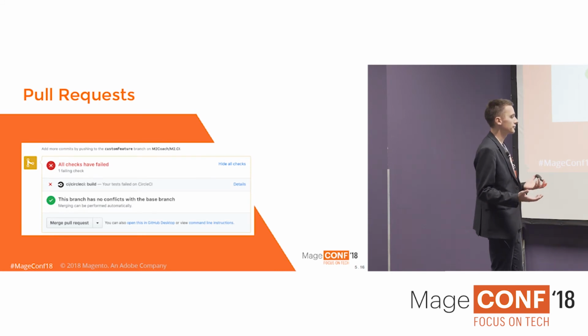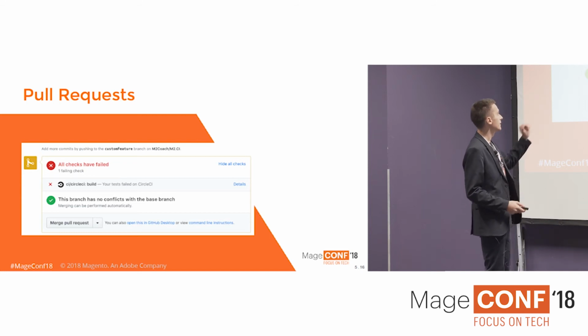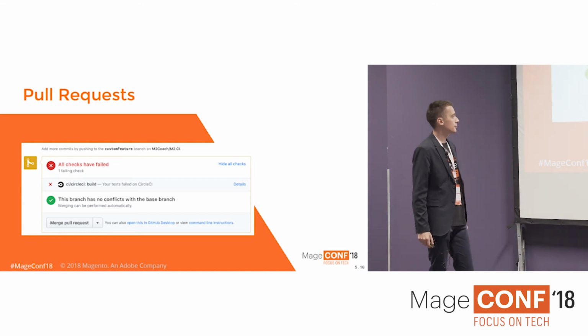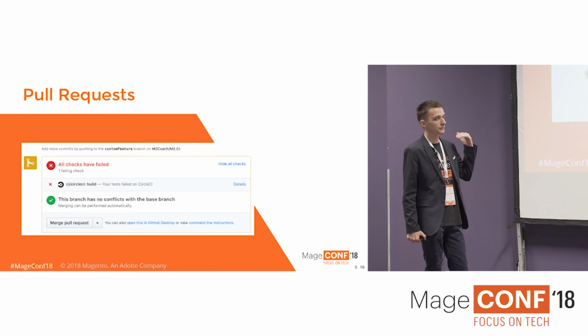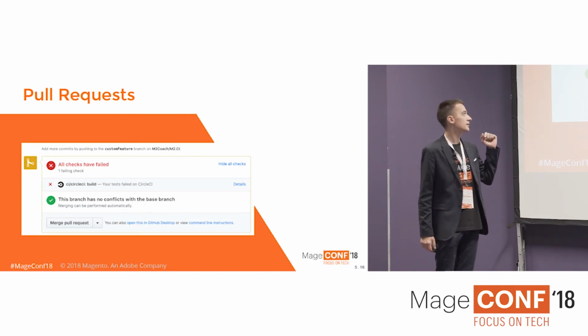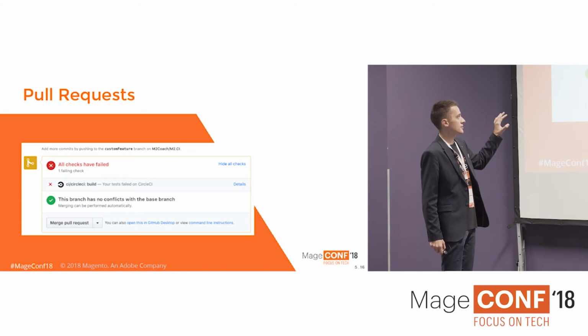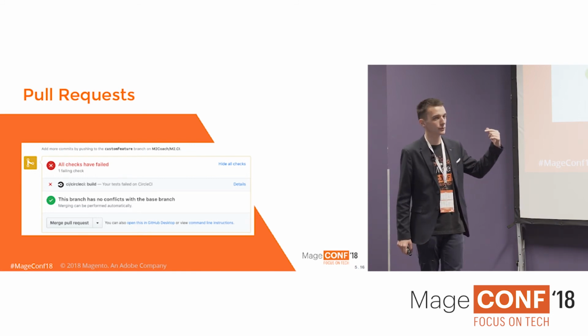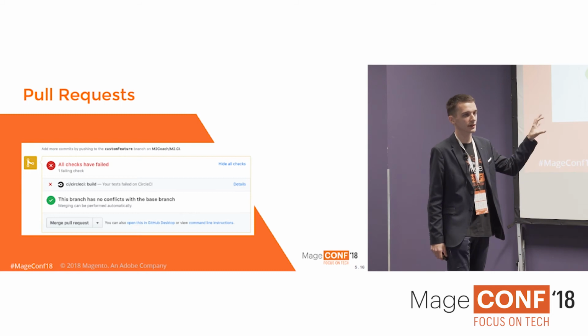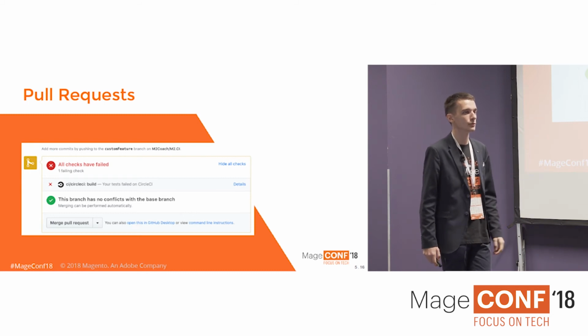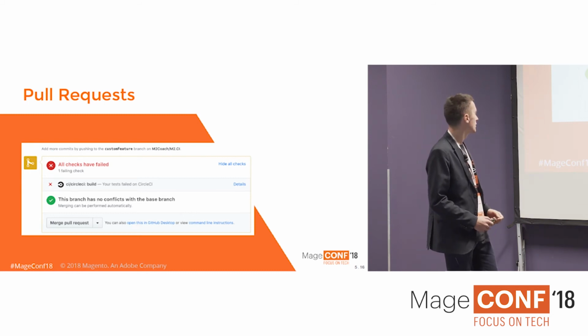And pull requests that are created with the use of CircleCI, after validation, running the pipeline, look like this. So you have information at the bottom of this pull request that it failed, and it shows you that it's related to the CircleCI build. But to get more information, you just click details, and it moves you to the CircleCI page.